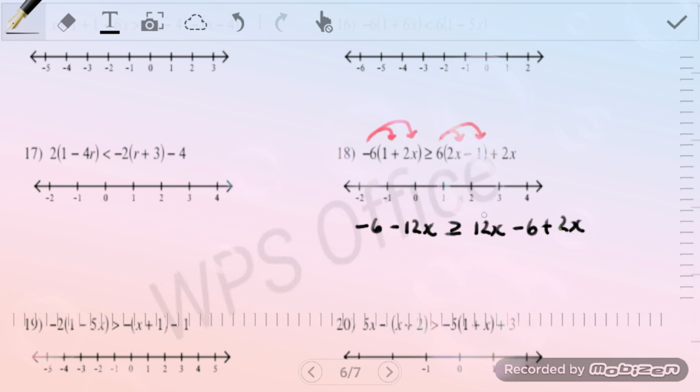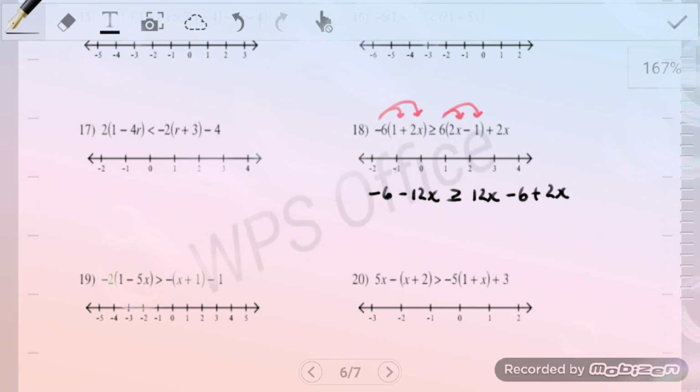But if you find yourself tempted to bring the -12x here or the +12x over here, you have to remember that if your variable ends up with a negative sign in front of it, you must remember to reverse the sign. So I'm just going to go ahead and entertain you for a moment by bringing this over here.